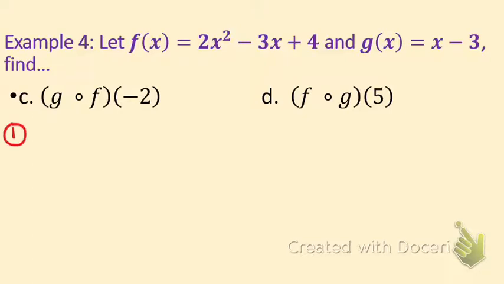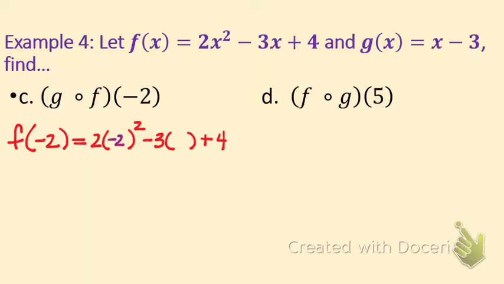So for your first one, step 1 is going to be to first find f of negative 2. And then whatever answer you get, you're going to put that into the G function. So f of negative 2, I'm going to rewrite the f function with parentheses.